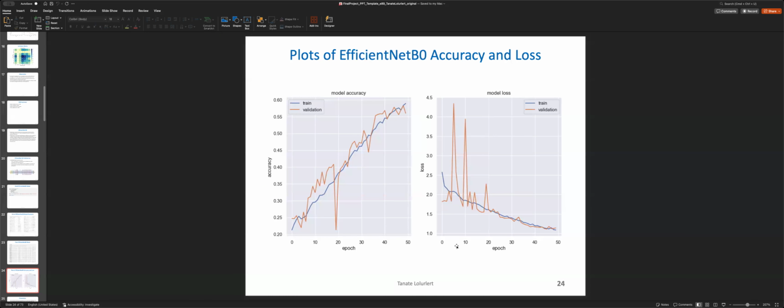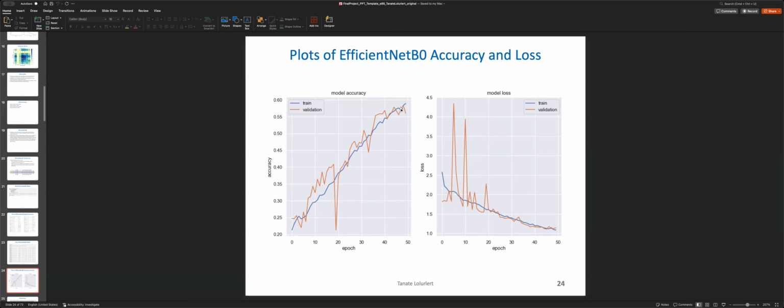This is a graph of the accuracy and loss. You can see the trend in validation accuracy increased throughout the 50 epochs, so it means the model is still learning, and the graph converges.